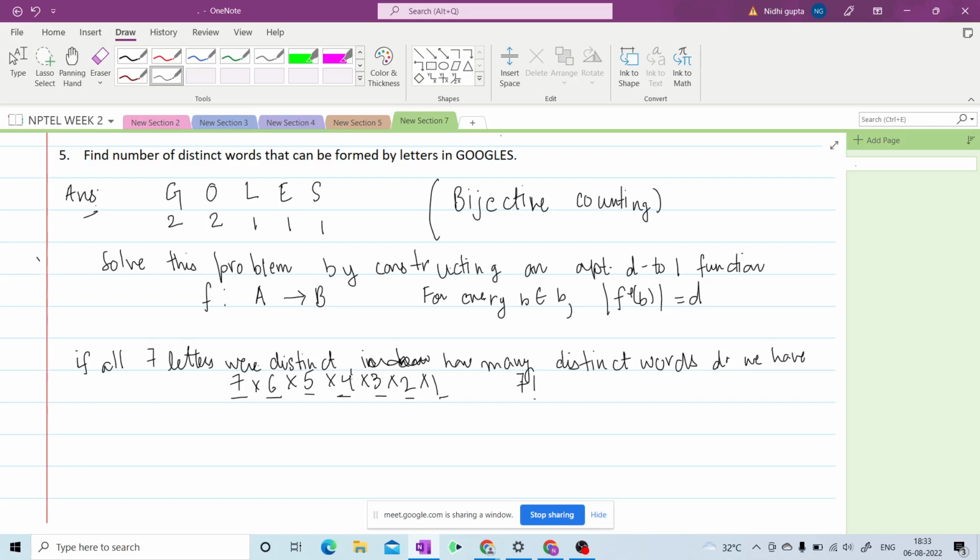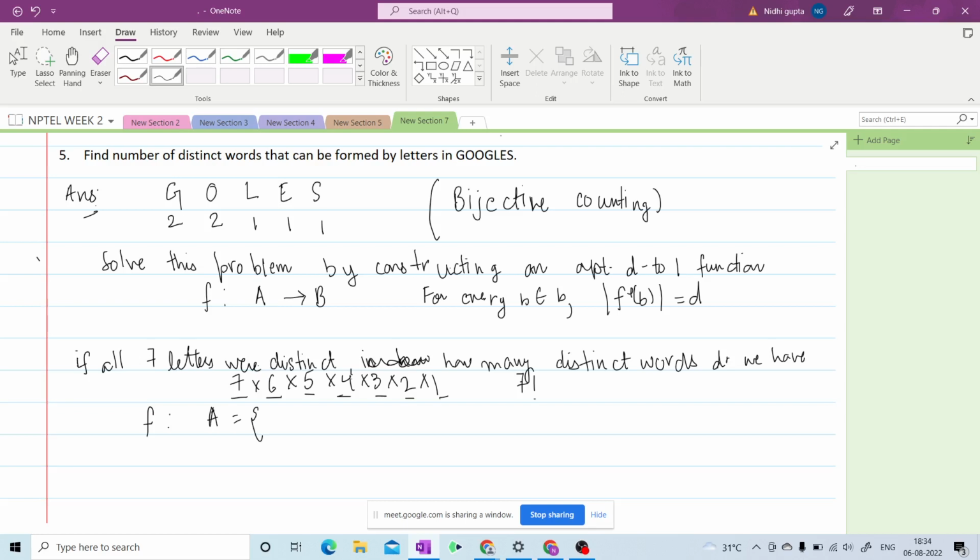So now we have that 2 letters are the same. How do we do this? Since we know how to compute it for different letters, first for set A, I am distinguishing these G's and O's. The first G I am calling G1, the first O I am calling O1, the second O I am calling O2, and the second G I am calling G2.